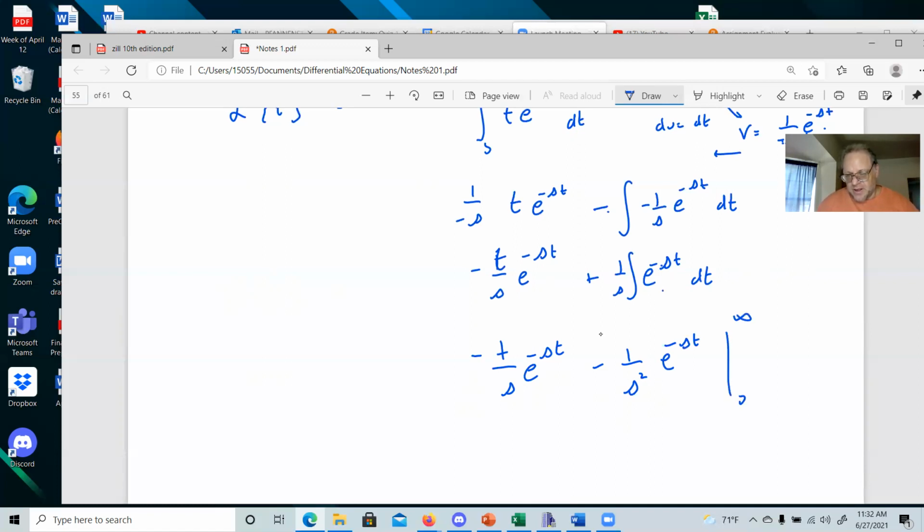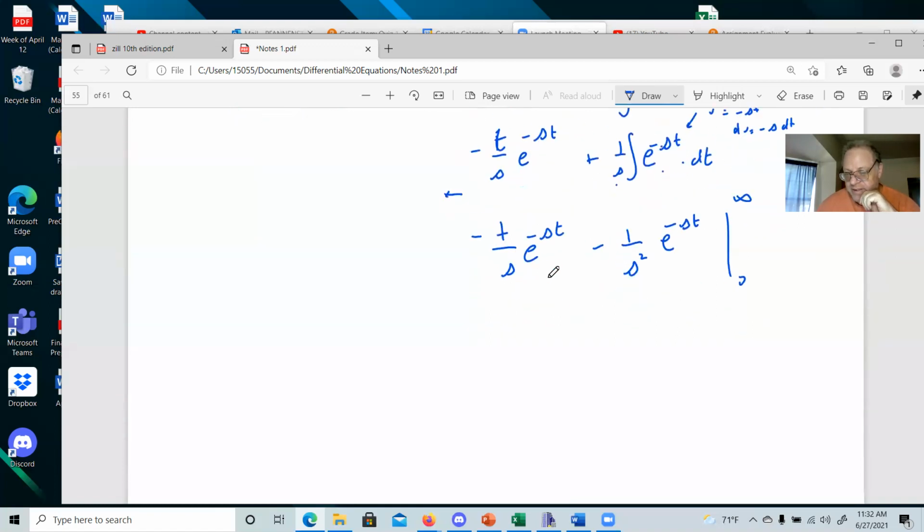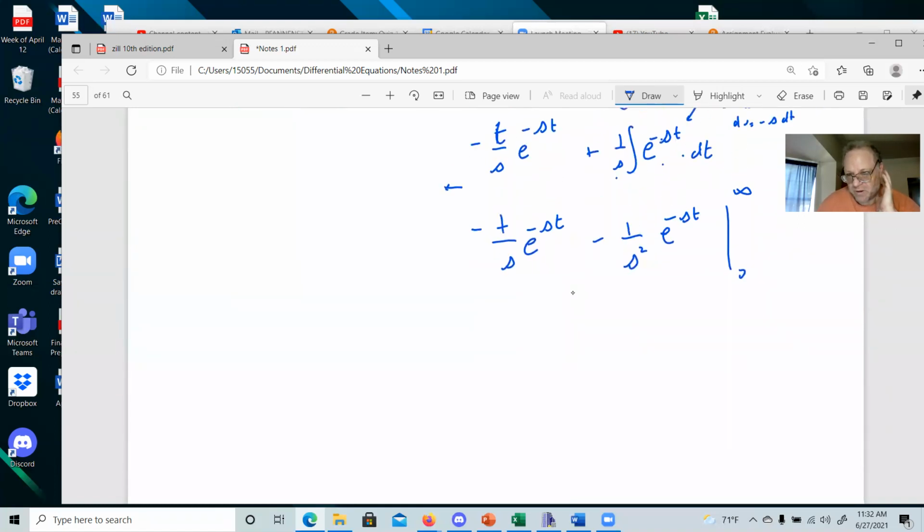If we have to do a u substitution here, u would equal negative st, then du would be negative s dt, and we could put the s down here to make it come out. We have the negative sign, so we're all good. If we need a couple of extra steps here, that's okay, but I think we're okay to go this fast at this point.